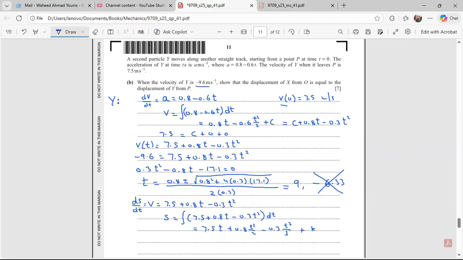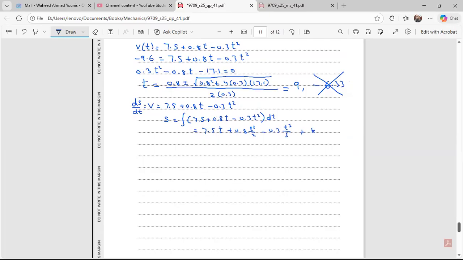Okay, so this s is equal to this constant plus 7.5 t plus 0.4 t square minus 0.1 t cube.